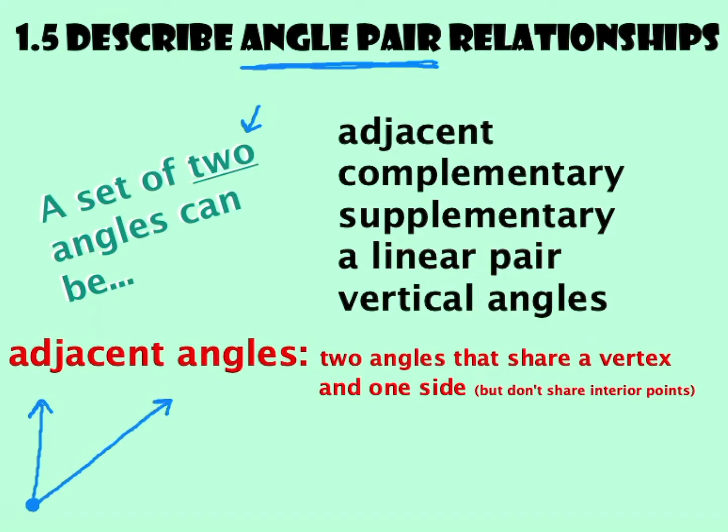I would just draw it maybe like this. And so I've got an angle 1 and an angle 2, and those would be adjacent angles. The two things you should check for is, do they both have the same vertex, and do they share a side? Those are also not overlapping. You can only be inside either angle 1 or angle 2. They don't share any common points.